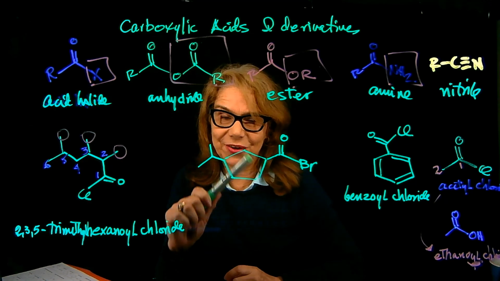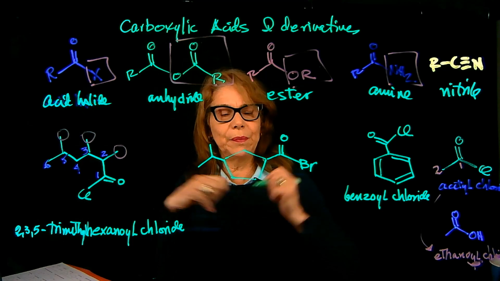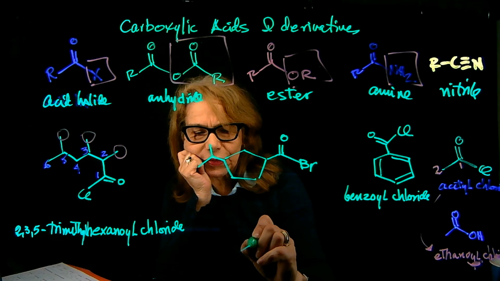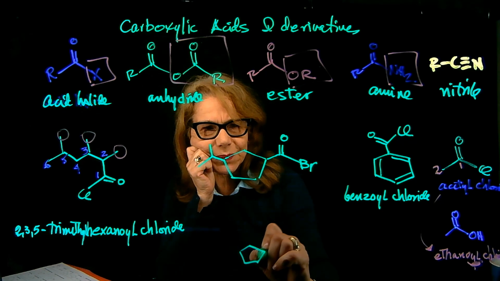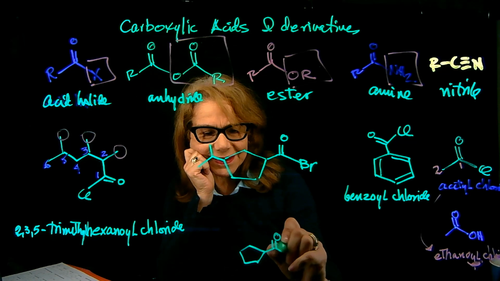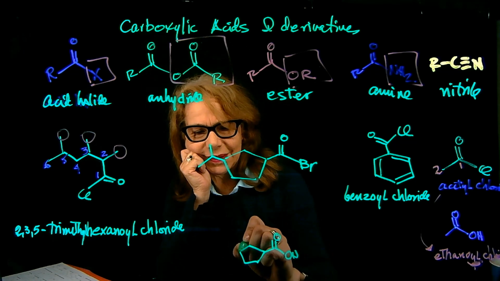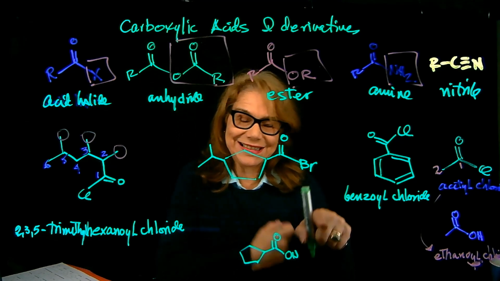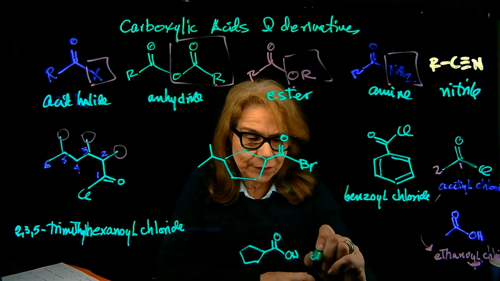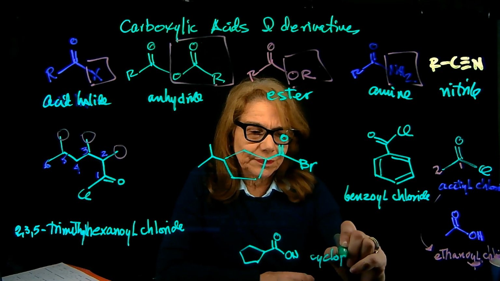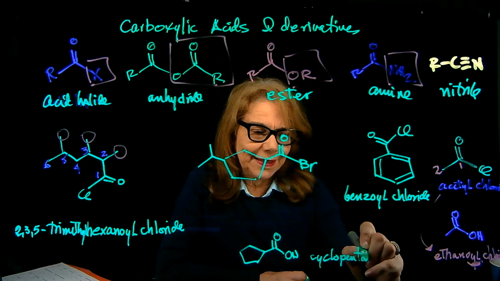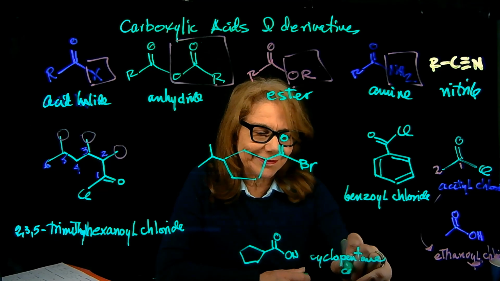There's another acid halide. Remember that when we have, let's do the parent acid, the acid it comes from, right? That's this. If you have this, this is cyclopentane carboxylic acid.